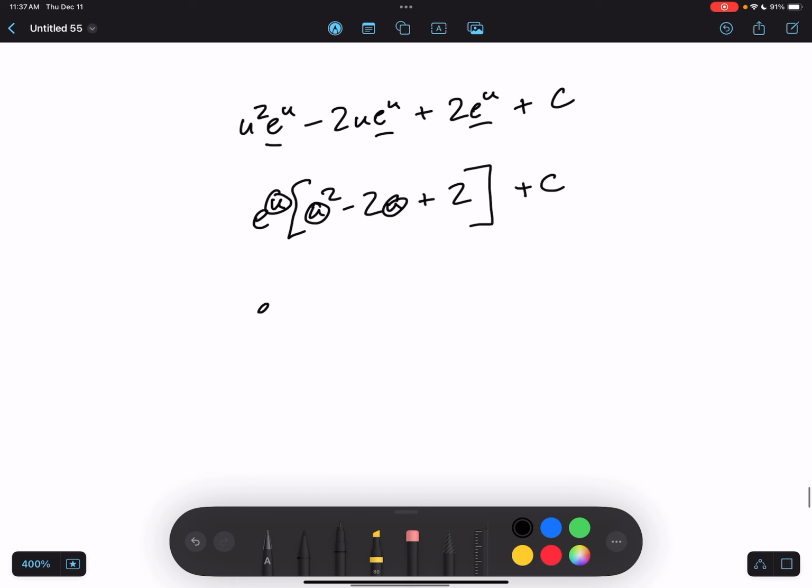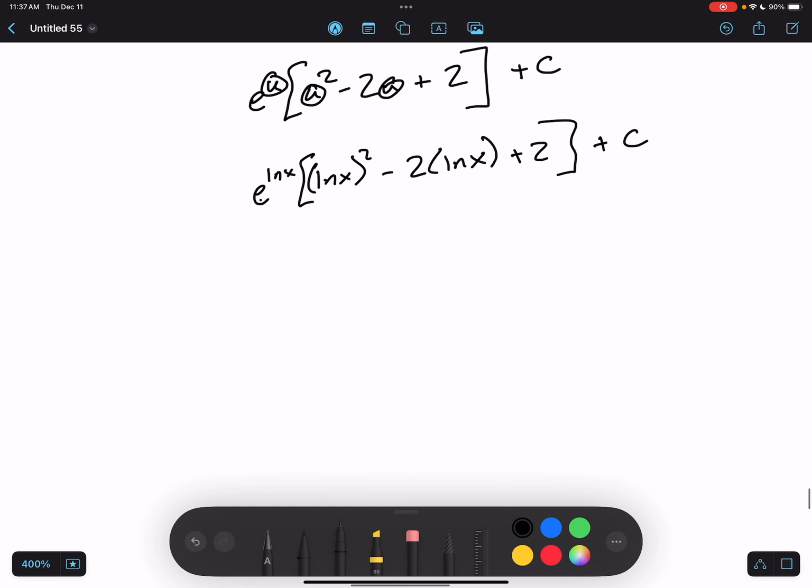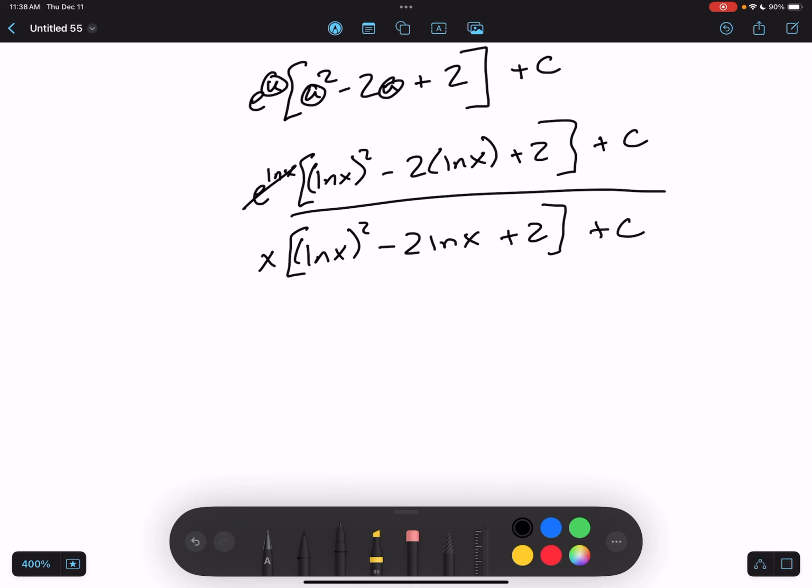So here we just do e to ln of x times ln of x squared minus 2 times ln of x plus 2, close the brackets, and add a constant. Here, using log properties, we know that e to the natural log of x is just x, so we have x times ln x squared minus 2 ln x plus 2. And this is our final answer.